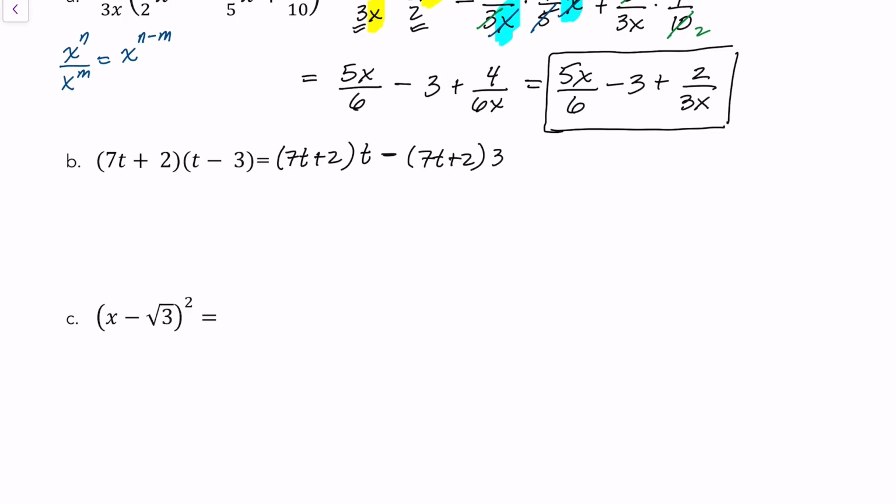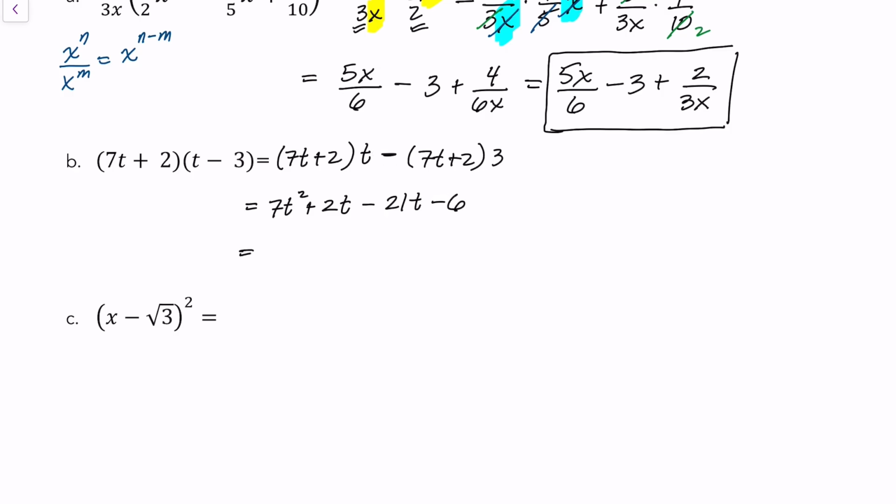And now we have to use the distributive property here and here and over here as well. So we do that and we get 7t squared plus 2t minus 7 times 3 is 21t minus 6. This is 2 times 3, but then this negative sign is going to make it negative over here.